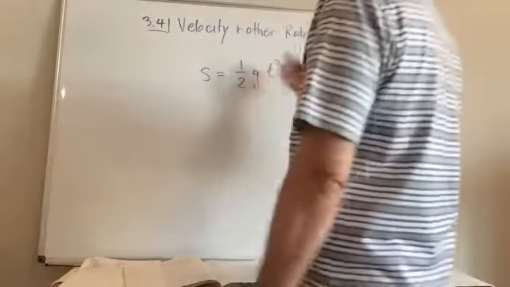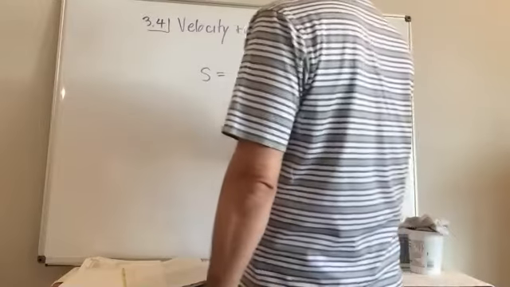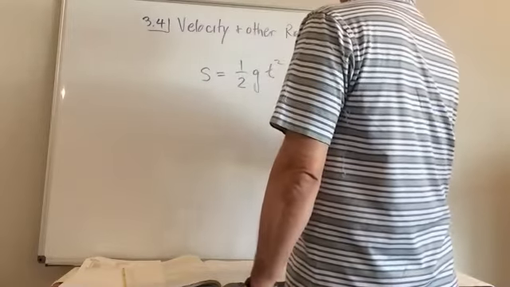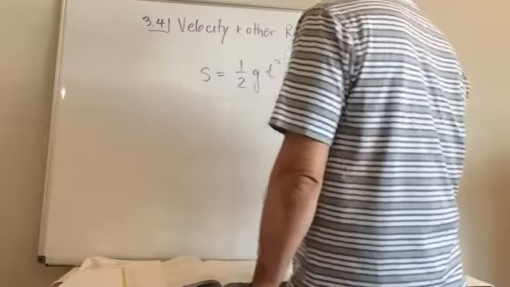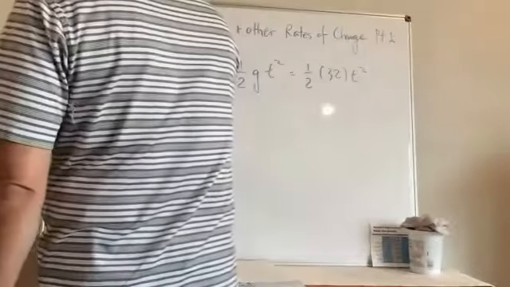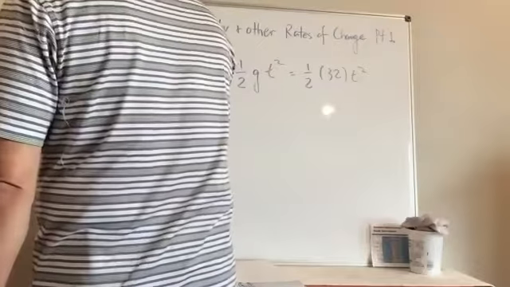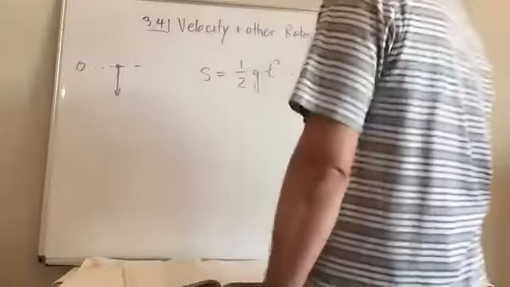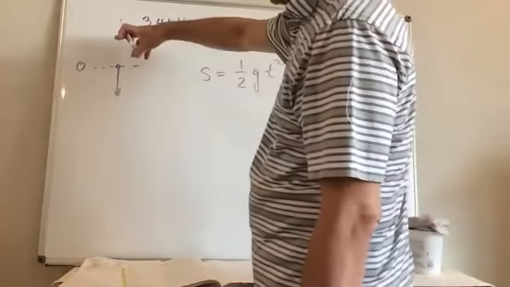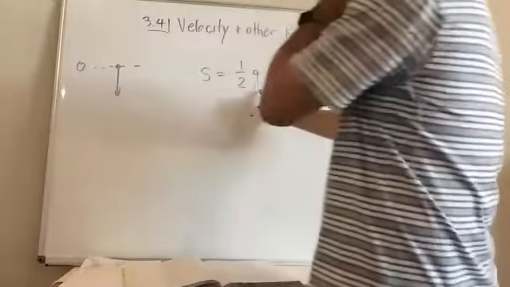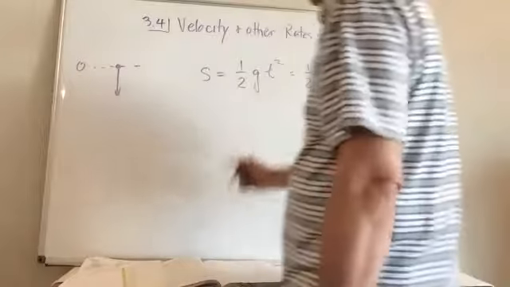Or in other words, if you're looking at feet, this is going to be 1/2 times 32t squared. But if I am here, and I call this point 0, and I drop it and let it free fall this way, which direction is g?